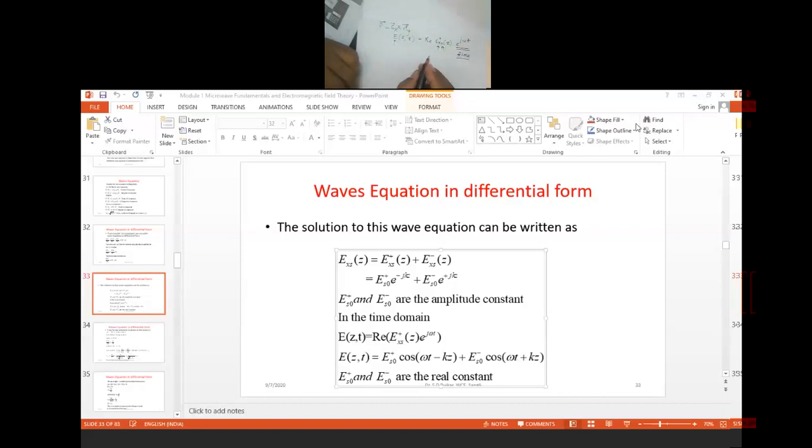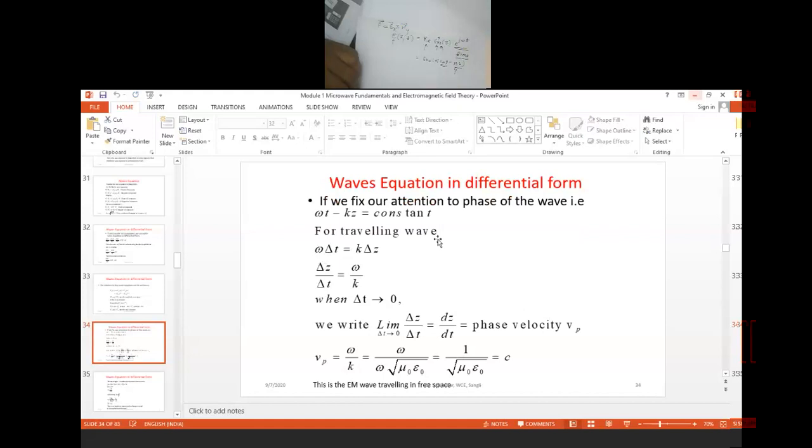So if we simplify, considering the real component only, we can express Exs, we can consider E0 here, and we can say it is cos of omega t minus beta z. Omega t is for the time domain, and beta z or kz is nothing but the propagation constant of your wave. This is about the relations of a wave.